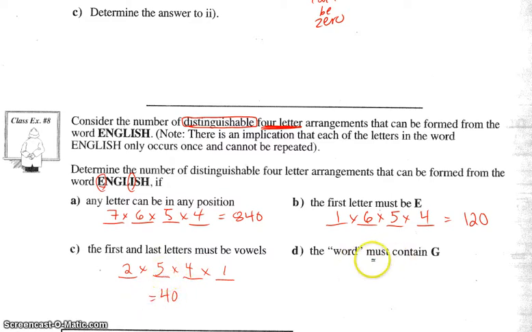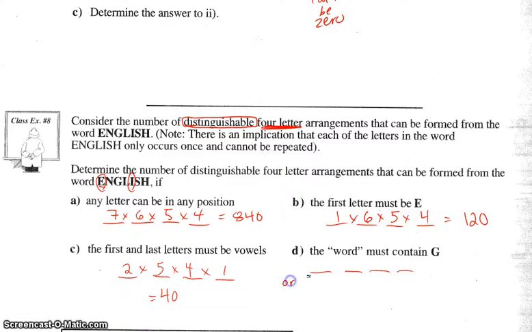Last one, a little bit trickier. The word must contain G. Well, let's do our 4 blanks. Now, contain G, so they didn't really say where G had to be. It could be in the first position, or the second, or the third, or the fourth. Now, notice when I said that out loud, I used the word or.